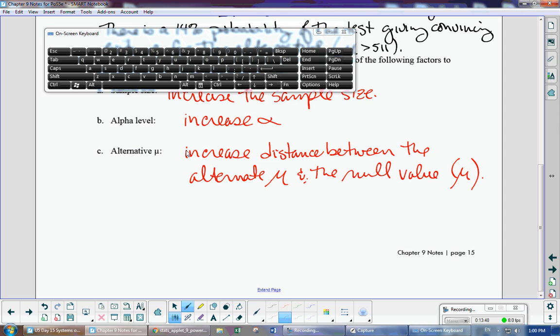Because again, the bigger that gap is, the standard deviation being the same, the z value would increase, the t value would increase. So there's that, okay? And that's what you really need to know about for power.